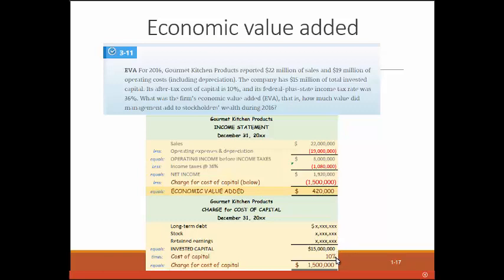The cost of that $15 million of capital is 10%, so 10% of $15 million produces a capital charge, or a cost for all sources of financing, of $1.5 million. Net income, NOPAT, after tax was $1.9 million, less the capital charge of $1.5 million. That produces an economic value added, an amount of value added over the cost of financing, of $420,000. So there you have it, the concept of economic value added.